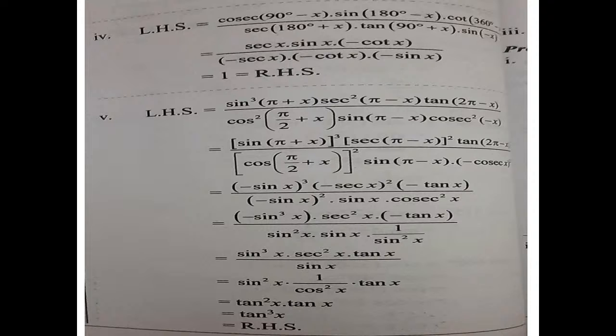Okay, so sin(pi + x) lies in the third quadrant and pi is an even multiple, so sin remains sin, but in the third quadrant sin is negative, therefore we get minus sin x.